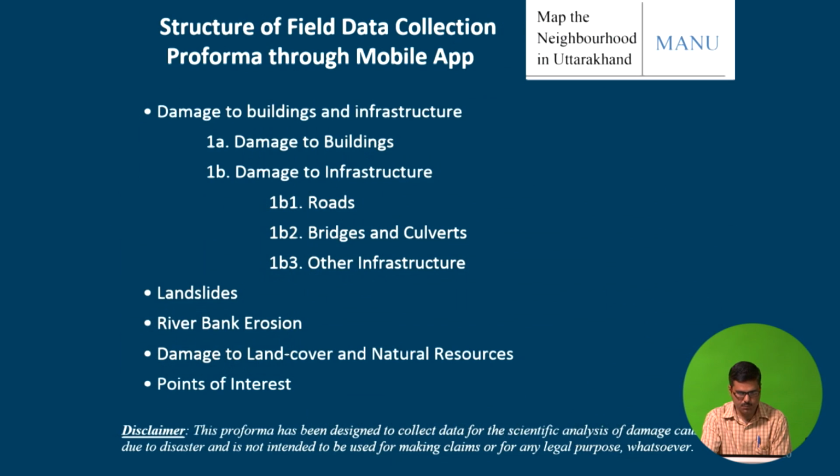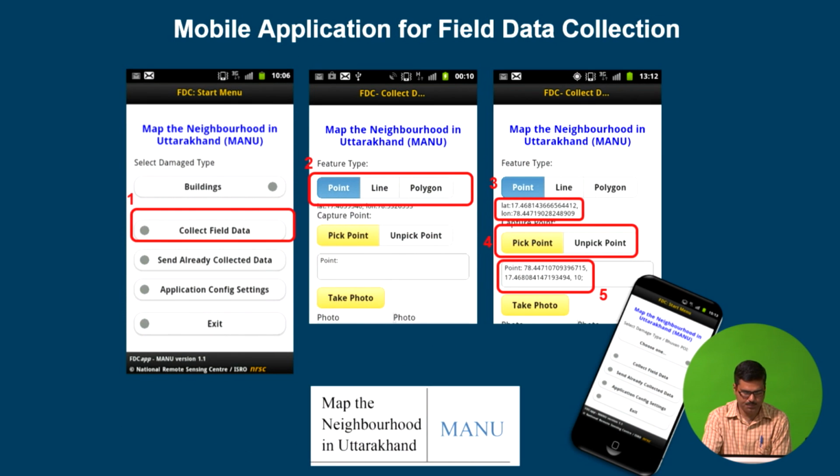Now before designing this app, proformas were created for capturing the various damages: damage due to landslides, riverbank erosion, damage to land cover and natural resources, and also a point of interest proforma to collect data under these categories. Now these are some of the screenshots of the mobile MANU application.